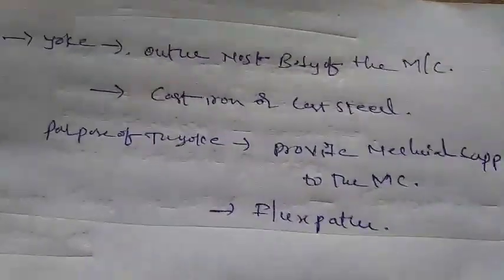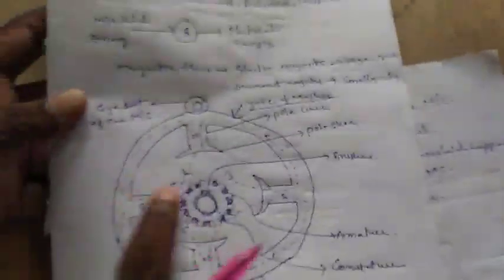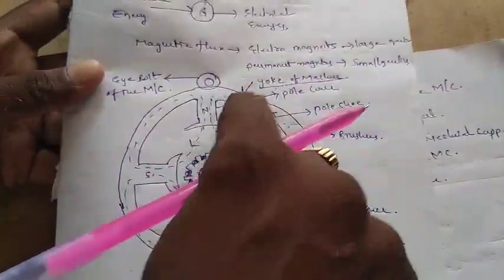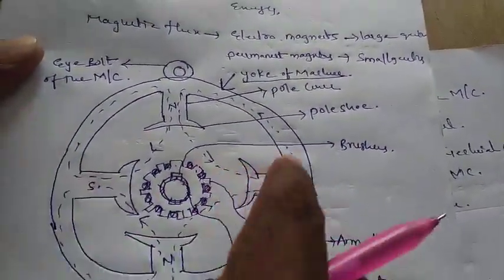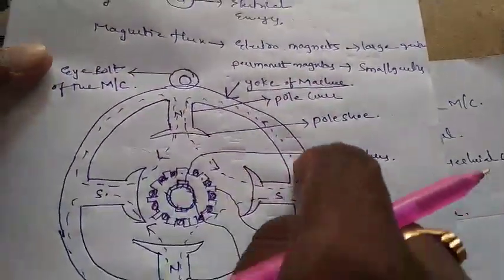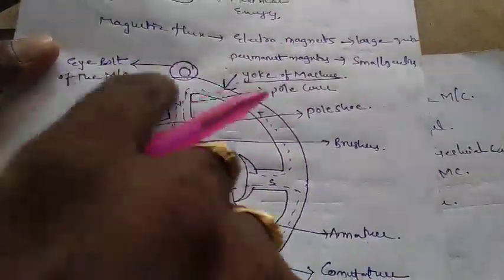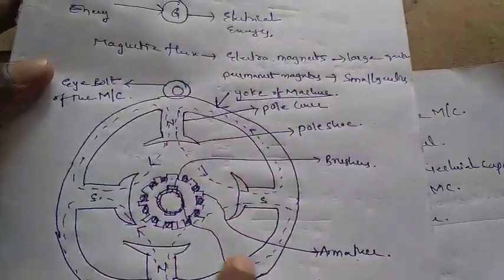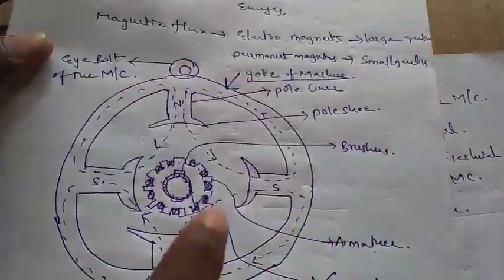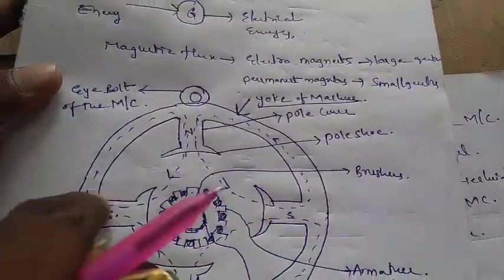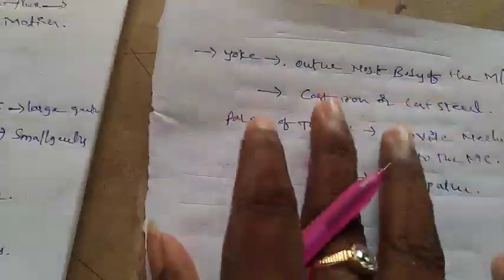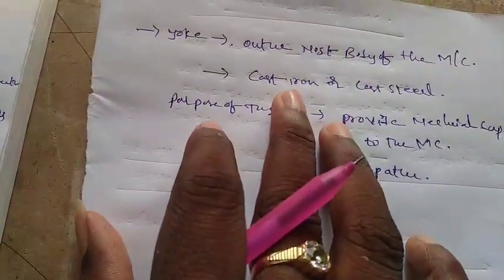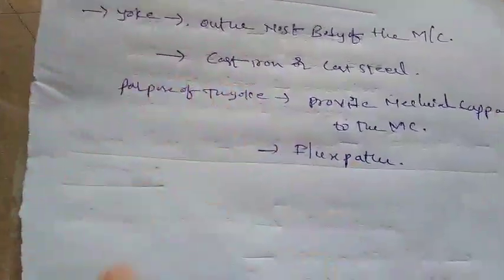So this outermost body provides mechanical support from all aspects, as well as the yoke provides the flux path. Here in the 4-pole machine, flux has 4 paths, from north to south. The material is cast iron or cast steel.